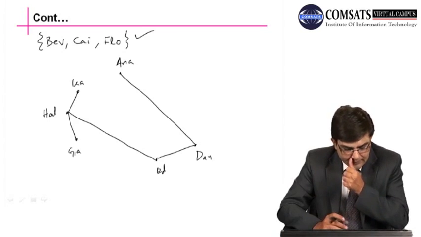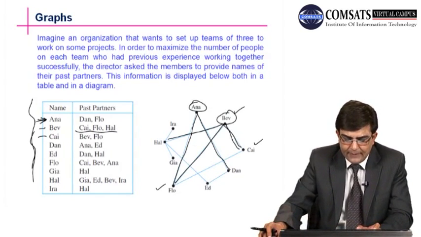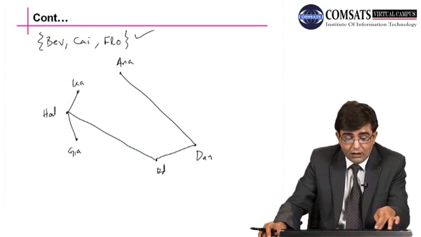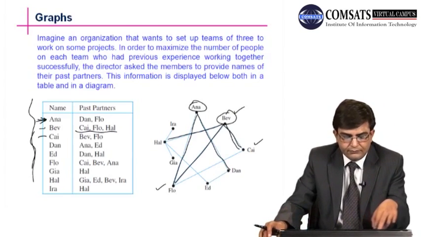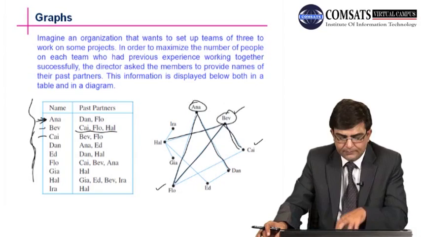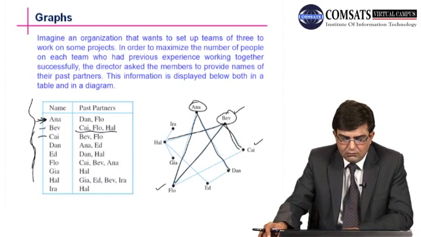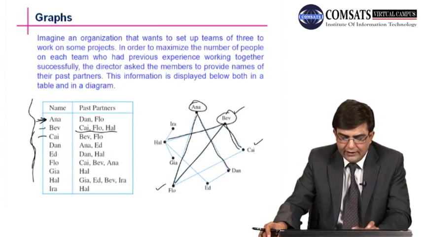Now for the other team, if we set up a team of Hal with Ira and Gia, Hal has worked with Gia and Ira both. Then we can set up a team of Anna, Dan and Ed, since Anna has worked with Dan and Ed has worked with Dan.